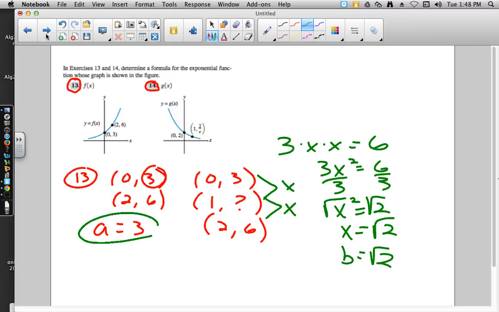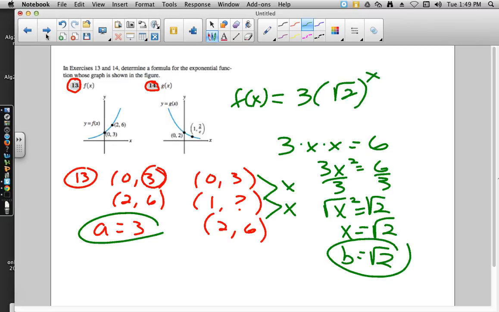And our a value was 3. So for number 13, we have f of x equals a value of 3, square root of 2 to the x. But when we're working with these exponential functions, what we want to do is not have radicals in there. So we need to think of the square root of 2 as 2 to the 1/2 power.